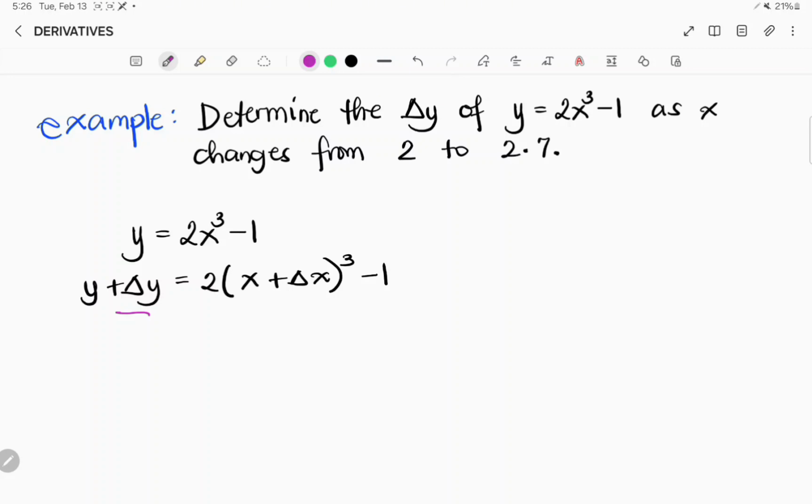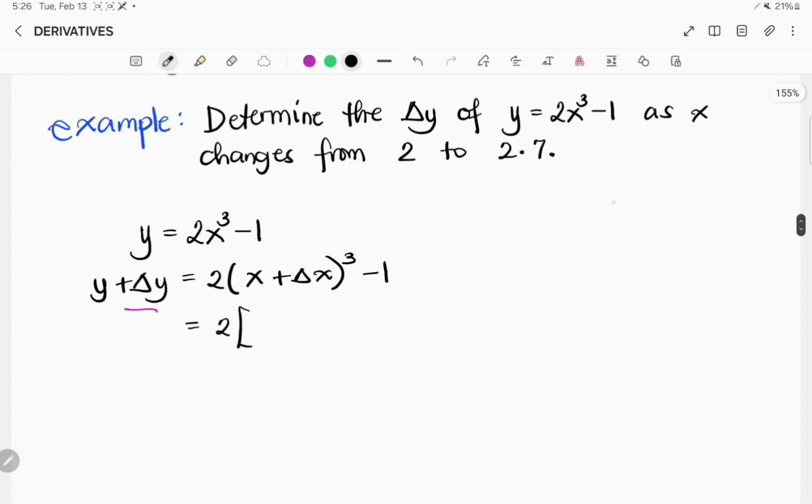But first, I want to simplify the right side of the equation. So it will become 2 times the cube of x plus change of x, so let's solve this here on the side. That's 3 times of x plus change of x, so you have to multiply x plus change of x 3 times to itself.